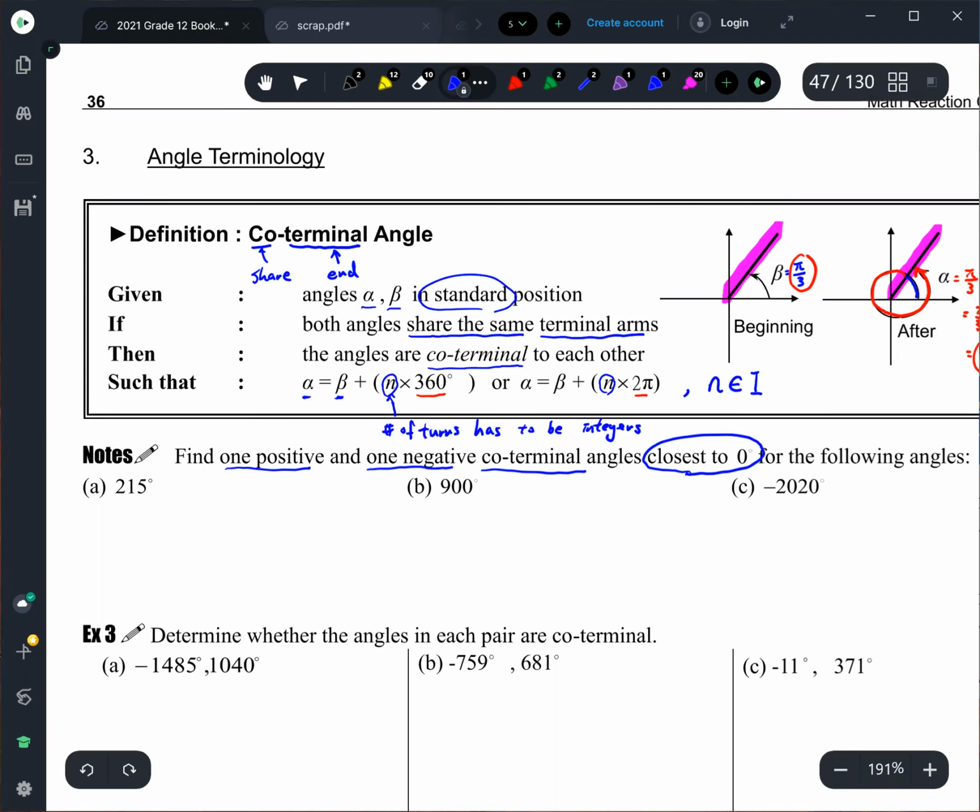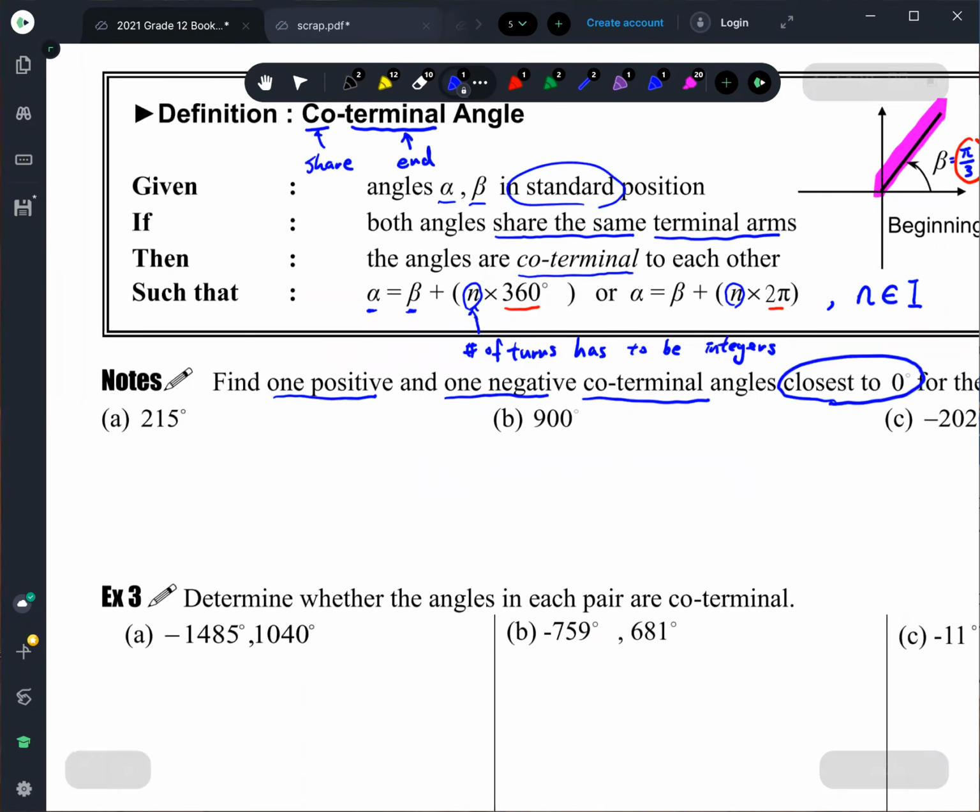So for example, the first one, question 8. We want to find the positive coterminal first. 215 degrees is already a positive degree. If I take away 360, that is still coterminal, but it will become negative, so I need to do adding, plus 360 degrees.